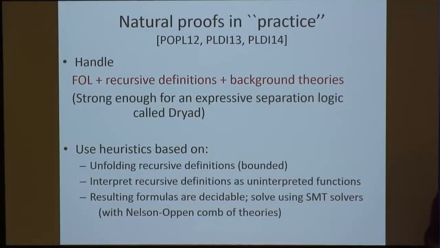So if doing this already gives me an unsatisfiable formula, I'm done, because I've shown that the theorem is valid. So I don't need to actually unfold further. This introduces an abstraction, but this abstraction is fine, and mimics what people do. Moreover, the resulting formulas are in decidable theories, so you can unfold and then send it off to an SMT solver.